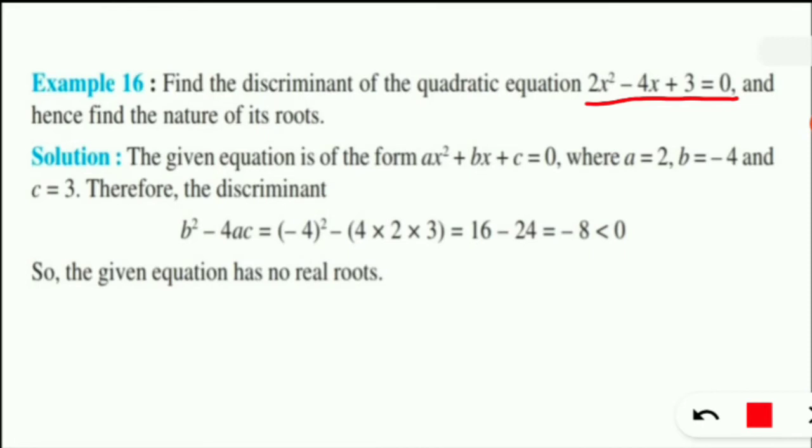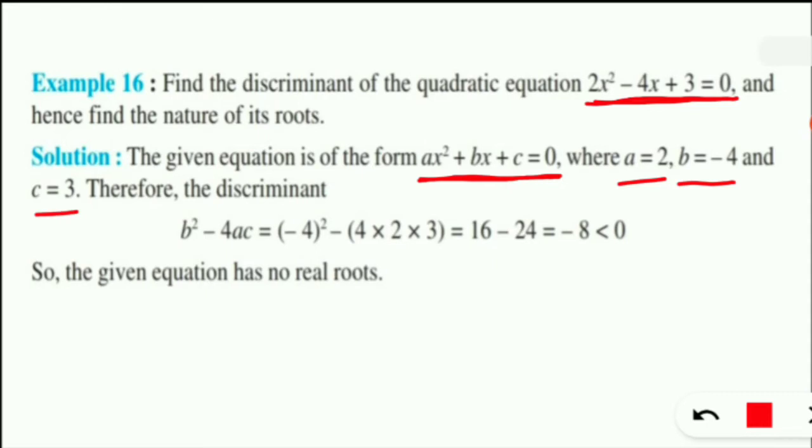So the given quadratic equation is of the form ax square plus bx plus c equals 0. If we compare the equation 2x square minus 4x plus 3 equals 0 with ax square plus bx plus c equals 0, then we get a equals 2, b equals minus 4, and c equals 3.